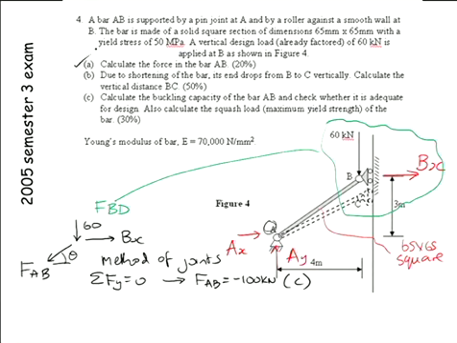Due to shortening of the bar, its end drops from B to C vertically. Calculate the vertical distance BC. So it's asking us to calculate this dimension here.